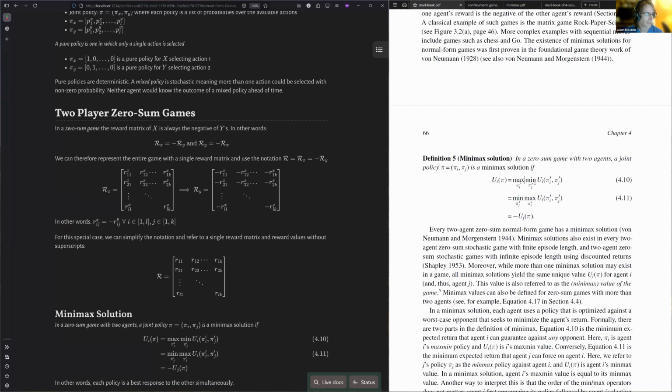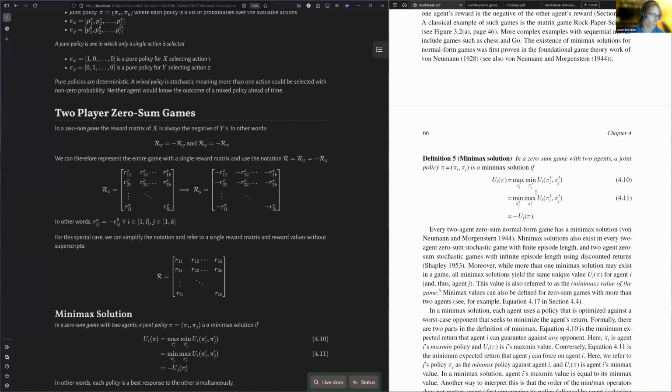And the idea is that if we change the order of this operation, so here, first we minimize this over all of the possible policies, and then the first player selects the maximum of that, versus first, for every fixed policy from the second player, the first player maximizes that, and then the second player chooses the minimum value out of all of those.